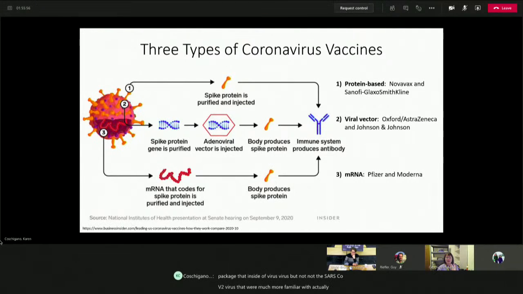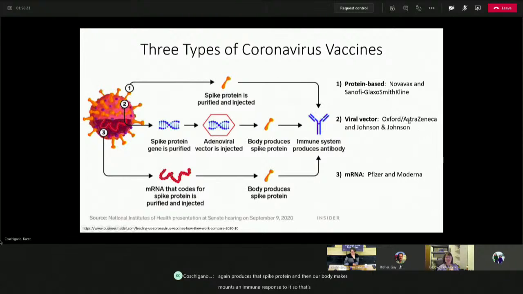Actually, it's one that can cause the common cold, but they've engineered it so that it doesn't. It's a weakened virus. It can't reproduce or anything, but it can carry that DNA into us. So again, injection, and then the virus sort of spits that genetic material into our cells, and then our body once again produces that spike protein, and then our body mounts an immune response to it.